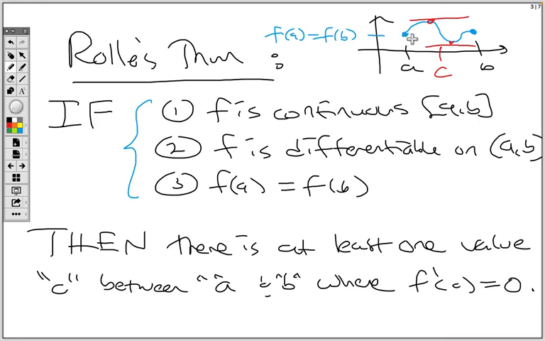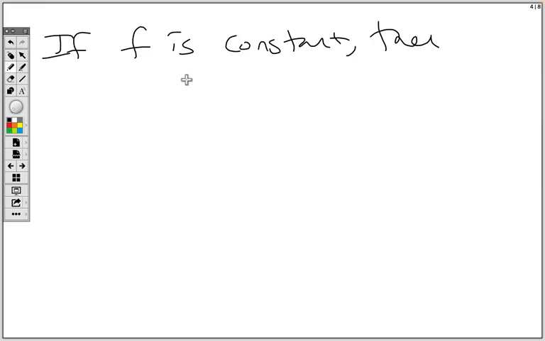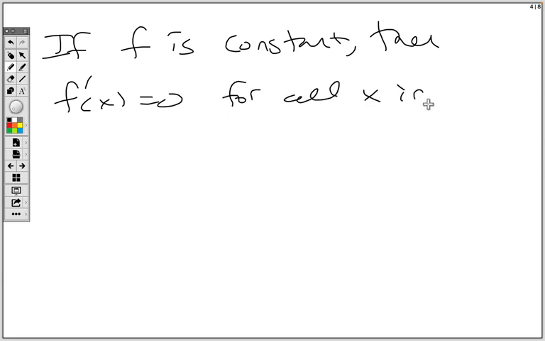It's possible that the function is constant all the way through. So if f is constant, then f'(x) is equal to 0 for all x in the interval (a,b), and so that clearly satisfies the theorem. So the theorem is true.